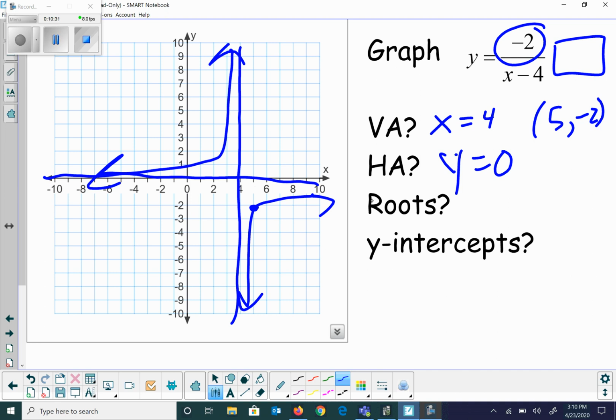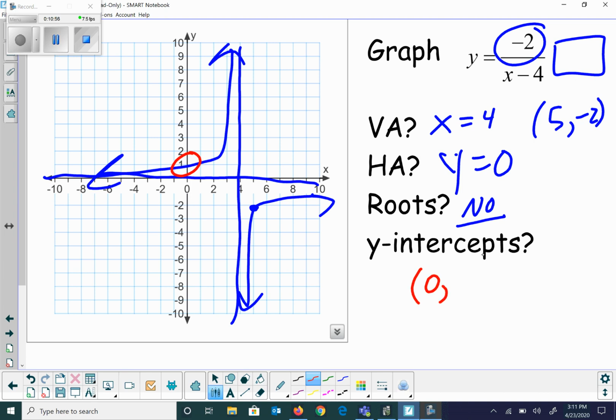Does it cross the x-axis? This one still doesn't. Does it cross the y-axis? It does. But how in the heck, I can see on my graph that, hey, we crossed, and I can't imagine I was so fortunate that I graphed it 100% correct, so let's verify what happens when it crosses there. So basically, where does it cross the y-axis?